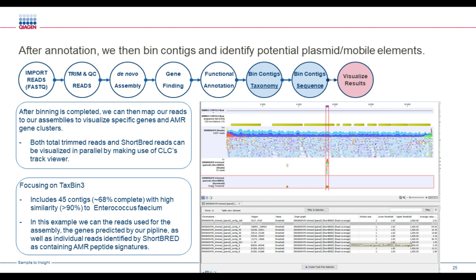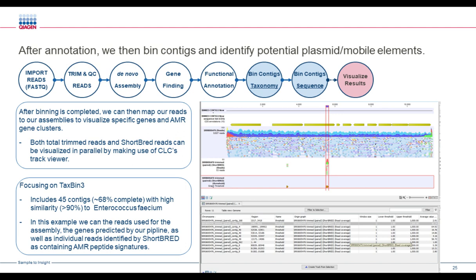And they're also further highlighted by this threshold track, which is a tool that we provide that allows you to quickly identify regions in an assembly that have reads that map above some threshold of interest. In this case, I just set the minimum threshold as a single read. If you have a Shortbread read mapping somewhere within the assembly, I wanted to know and be able to visualize where that is and what genes were associated with that.